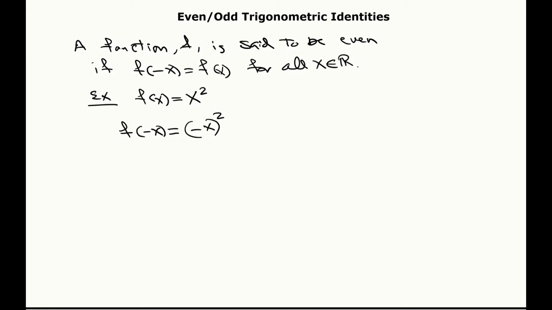And as you know, when you square negative 1, you just get 1, so you end up with x squared, which, as you notice, is the same as the original f of x. So therefore we say f of x equals x squared is an even function.